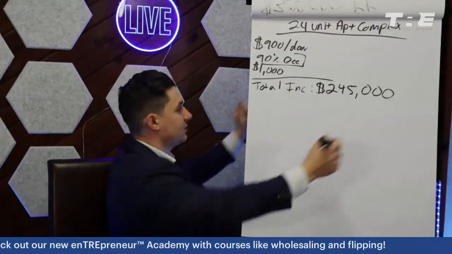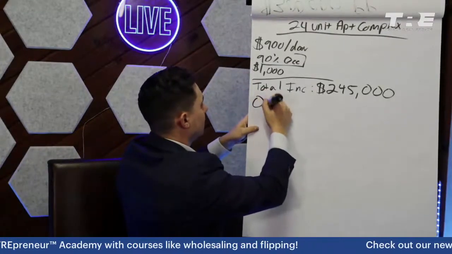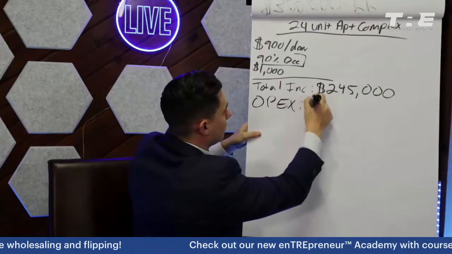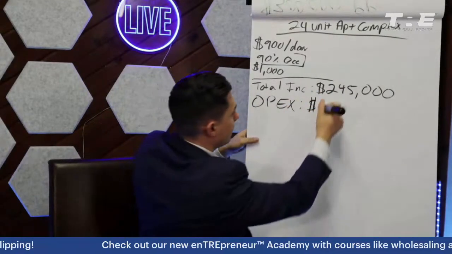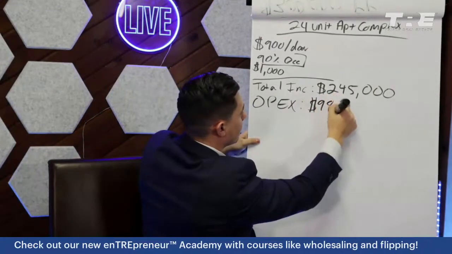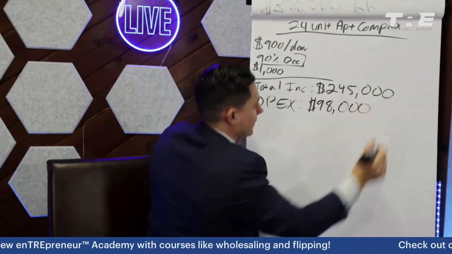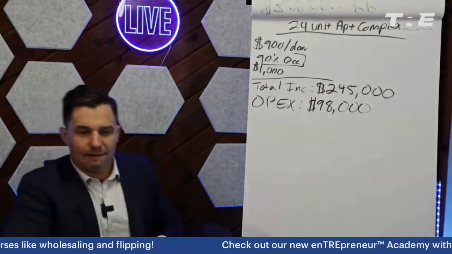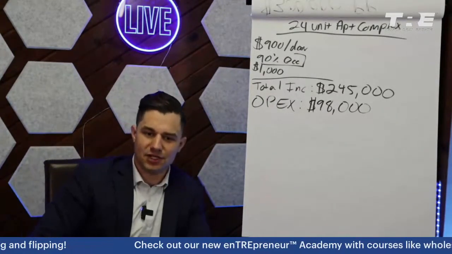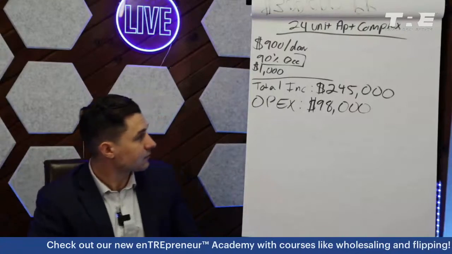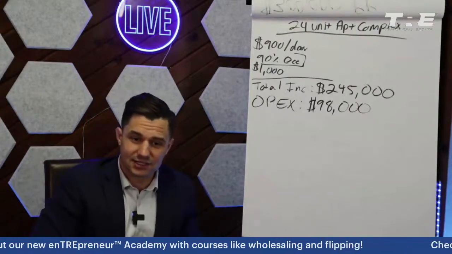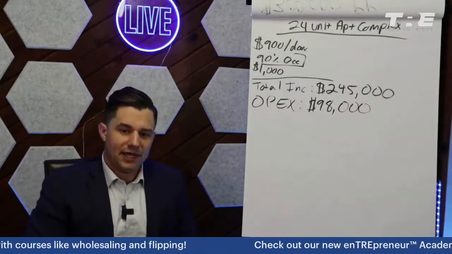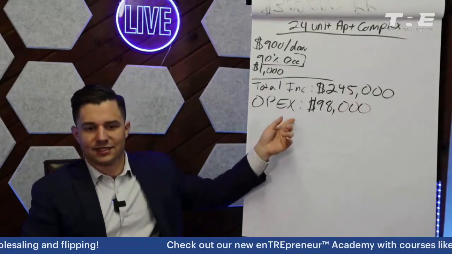So our operating expenses, 40%, is about 98,000. This is in Kennedy, Texas. So property taxes might not be that much out in Kennedy, Texas. Property taxes in Austin, Texas are going to cost you an arm and a leg. So OPEX around 40%, $98,000 a year.